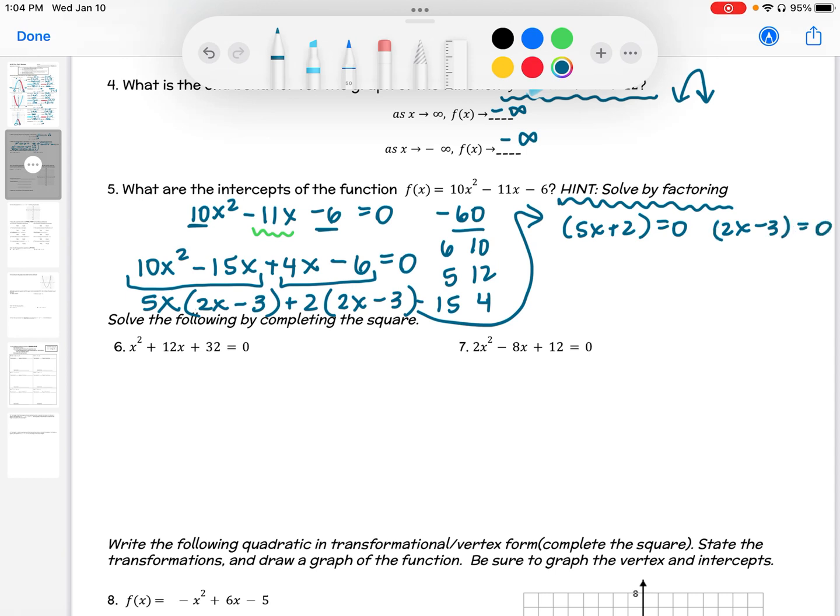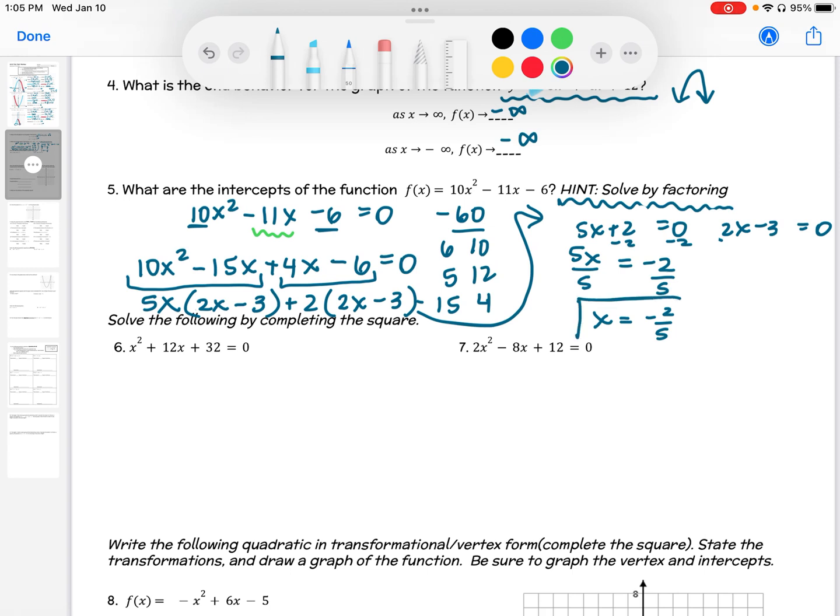So then we're just going to solve. I'm going to erase my parentheses so I don't have to deal with that. What we're going to do is get x by itself. So we have 5x. We're going to subtract 2 from both sides. 5x equals -2. Divide both sides by 5, and we get x equals -2 over 5.